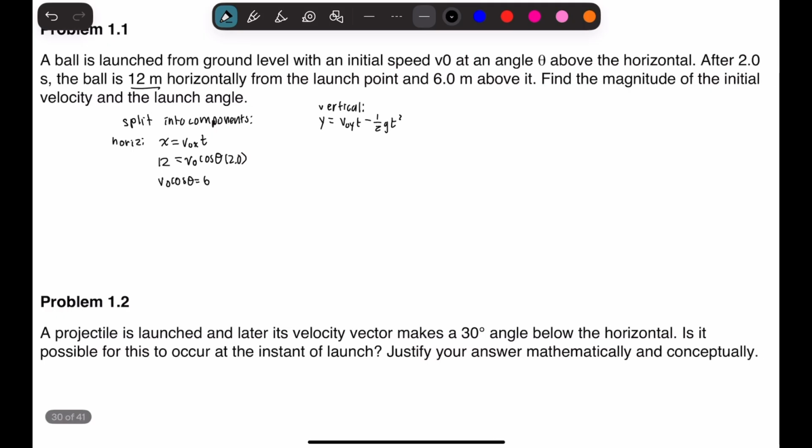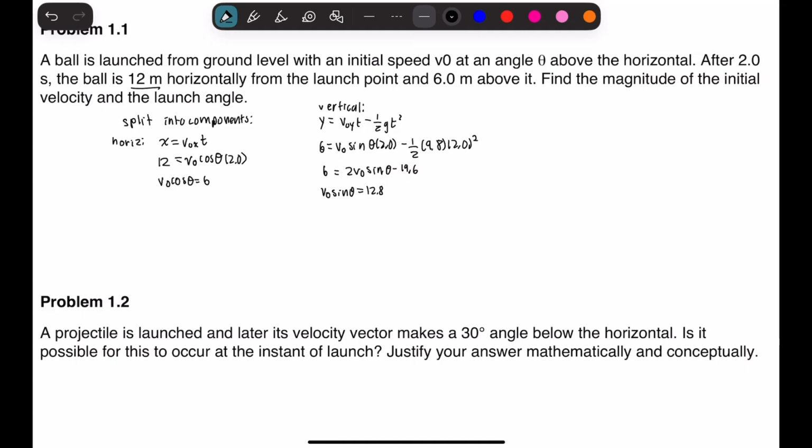And here we have 6 is equal to v initial sine of theta times 2.0 minus 1/2 times 9.8 times 2.0 squared. And then this is equal to 6 equals 2 v initial sine theta minus 19.6. This is going to be v initial sine theta is equal to 12.8.